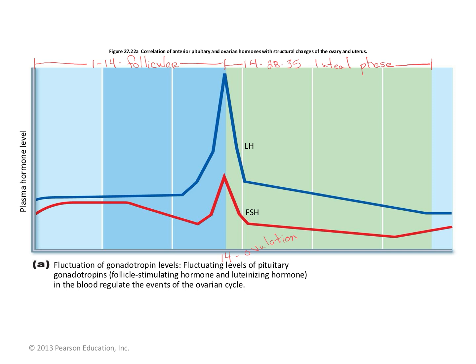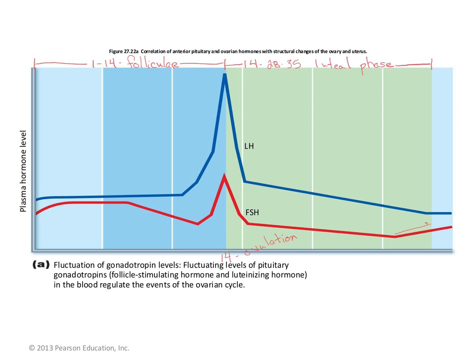So here you can see the fluctuations in follicle stimulating hormone and luteinizing hormone over the course of our ovarian cycle. You can see as the corpus luteum starts to die, FSH and LH start to go up. They cause the production of estrogen, which inhibits FSH and LH.